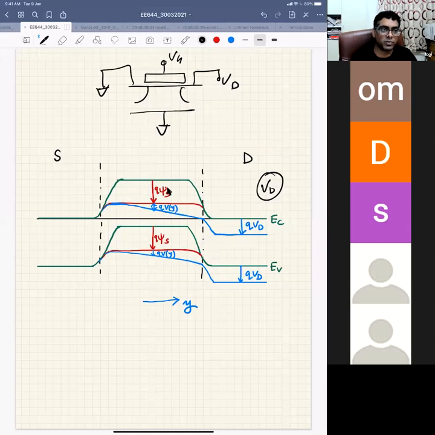From red to blue, this is because of application of drain voltage. When you apply drain voltage, you pull down the drain side and you are creating a gradient in the channel. So if you have an electric field in the y direction, because of the electric field, there will be a gradient in the EC and EV, right?